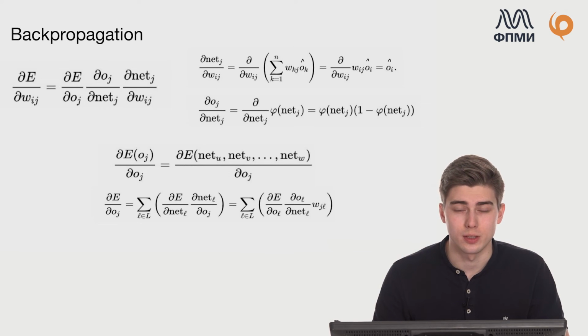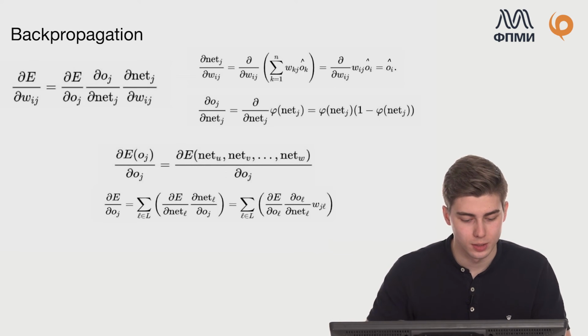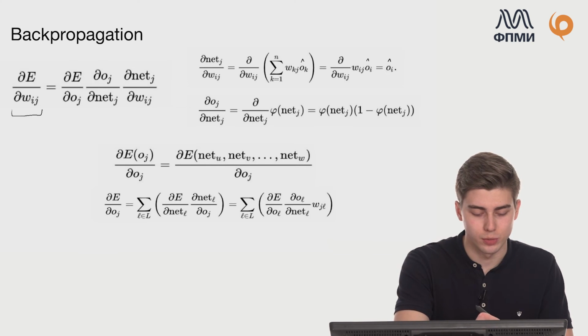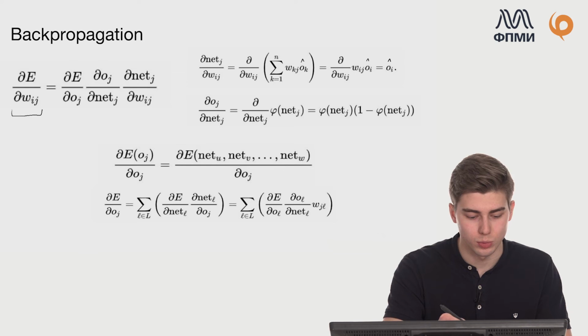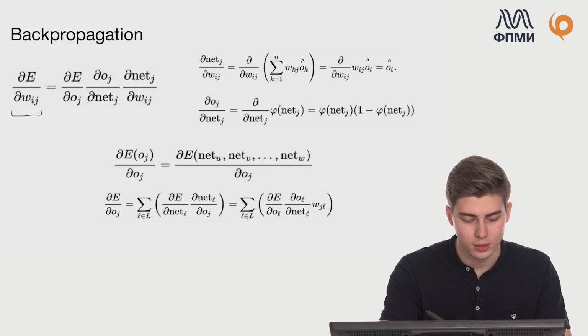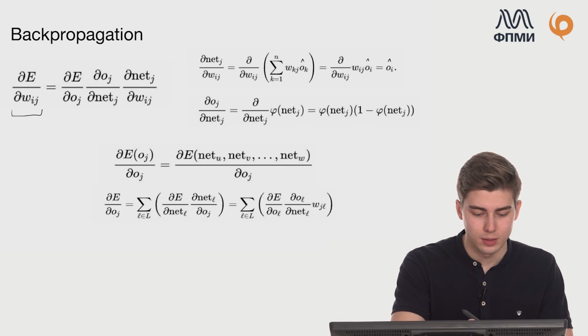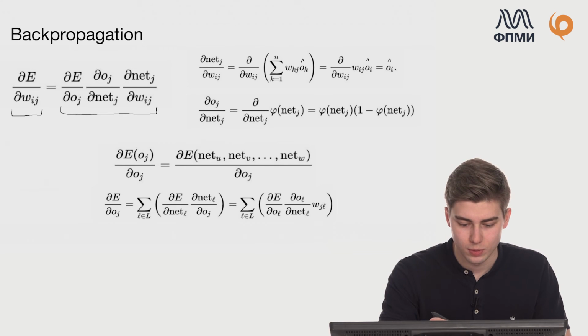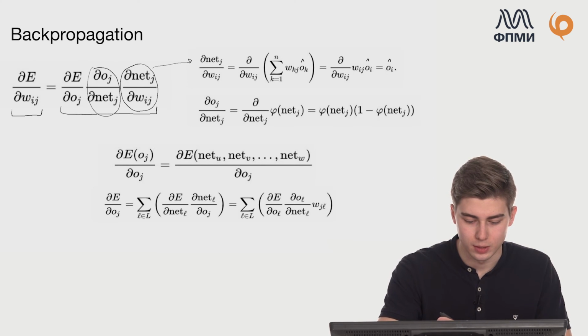Let's briefly summarize what we have done so far. We have uncovered the partial derivative of the error with respect to the weight ij, and we have got this expression, and then we uncovered each term independently.